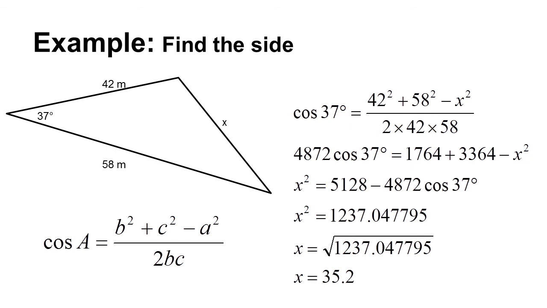Then, substituting and calculating, we get down to the fact that x is equal to the square root of 1237 and a bit, and that gives us approximately x equals 35.2, and that will be in meters.